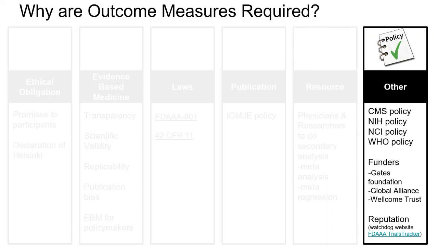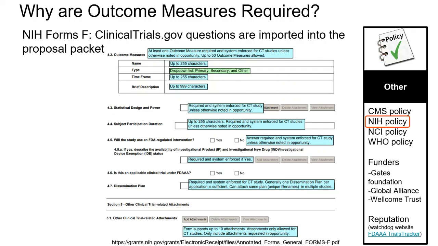And there are many other regulatory bodies requiring accurate and timely reporting of outcome measures for funding, billing, and publication purposes. I want to highlight NIH. If you are submitting an NIH grant application using Form F, formerly known as Form Z, the same outcome measure questions are asked in the form, and they have to match the ones in the ct.gov registration.